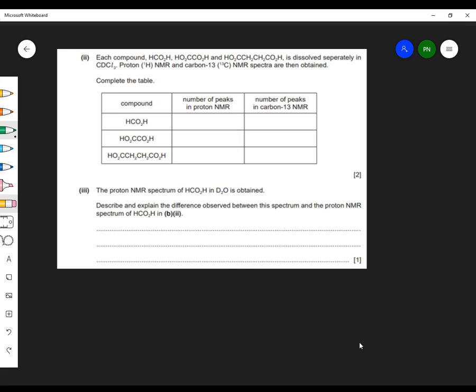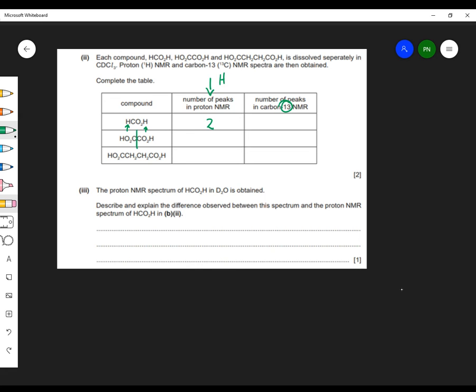Okay, this one asks about some NMR. You've got the same compounds, I think they're the same as we've just had, and we've got to complete the table. So let's do the harder one first. Number of protons. This is hydrogen NMR, and this is carbon 13 NMR. So this hydrogen is different from this hydrogen, so we're going to get 2 peaks there.